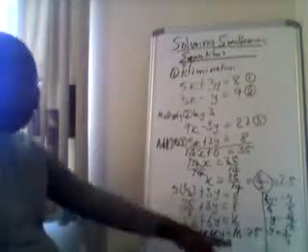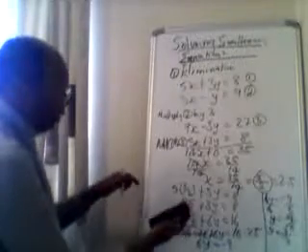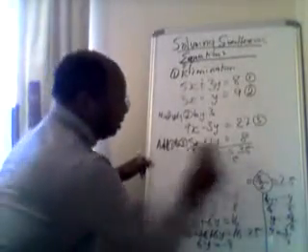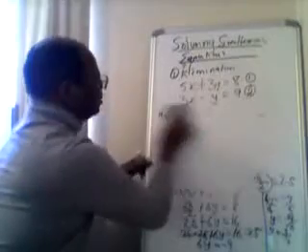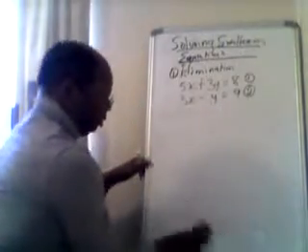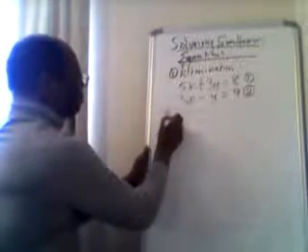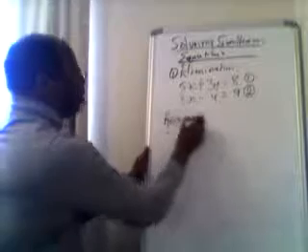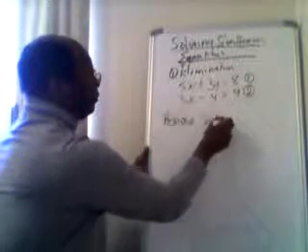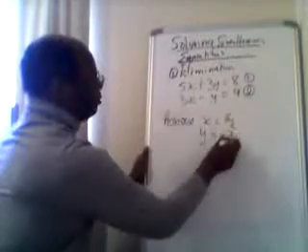Now I need to check to make sure the answer is correct. Okay, so I'll check by substituting these two answers. So again I need to substitute into the original equations. Okay. So my answers were x equals 5 over 2 and y equals minus 3 over 2.